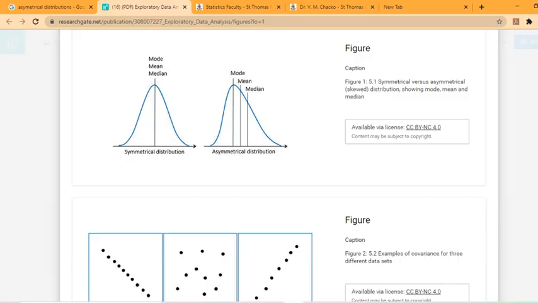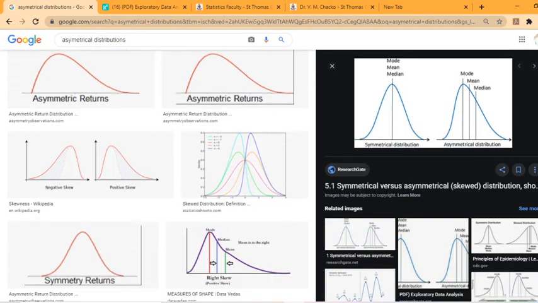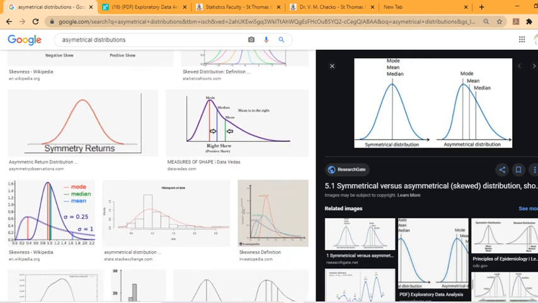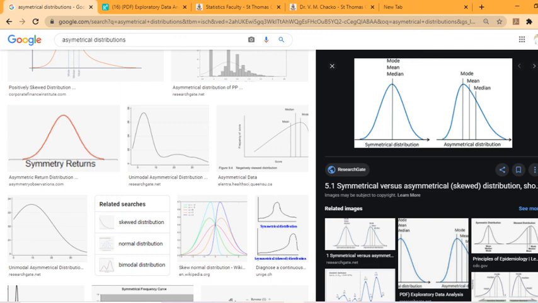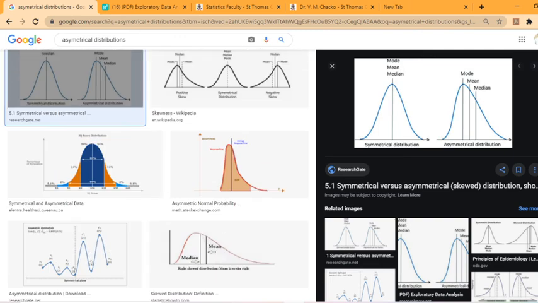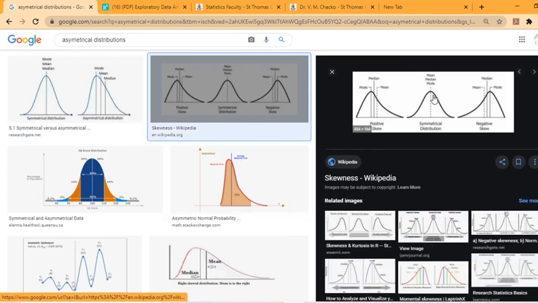We will discuss the remaining in the next class. You can look at the symmetrical and asymmetrical distributions and see the difference. There are plenty of distributions available.